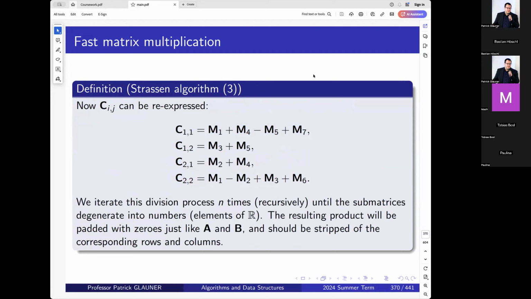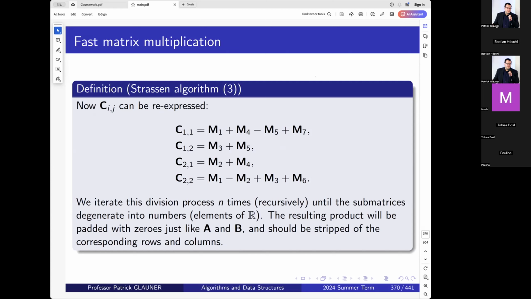And multiplications are the expensive part of matrix operations, because adding 2 matrices is O of n squared, because I just need to go through both matrices at the same time. I look at the first element of 2 matrices, then the next element, and I just add them together, or subtract them, whatever. So multiplications are far more expensive than additions of matrices.